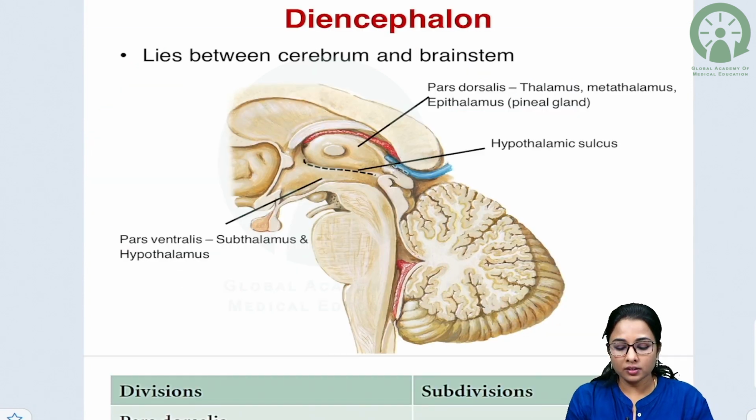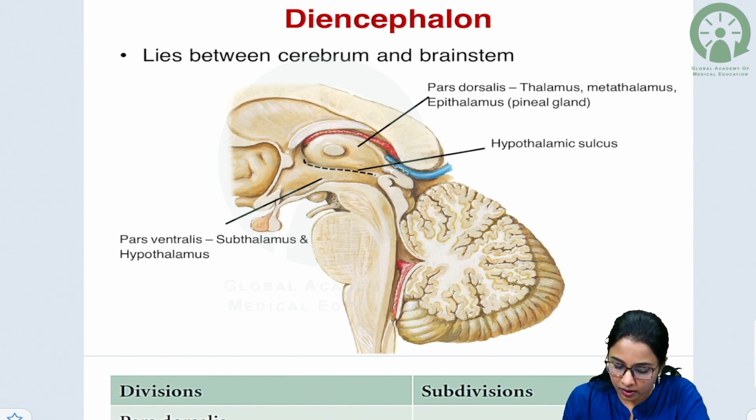We know the diencephalon is between the cerebrum and brainstem. That is the reason it is called the in between brain, and it is divided into two parts, pars dorsalis and pars ventralis.